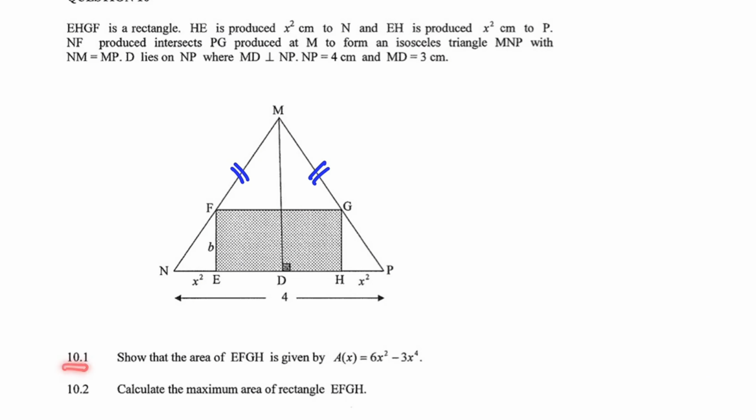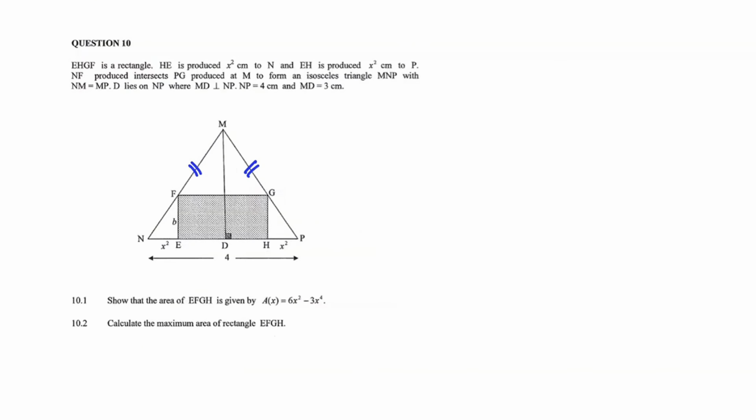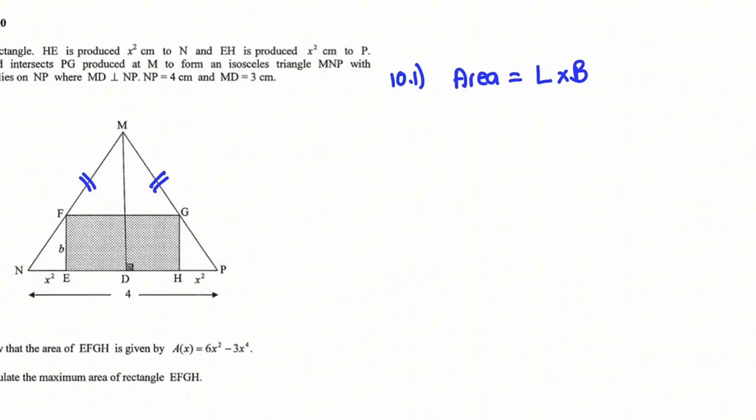10.1. Show that the area of the rectangle is given by A(x) equals 6x squared minus 3x to the power of 4. So for question 10.1, we need to find the area of a rectangle, which is simply the length times the breadth. Or I can say the length is EH times the breadth of FE.